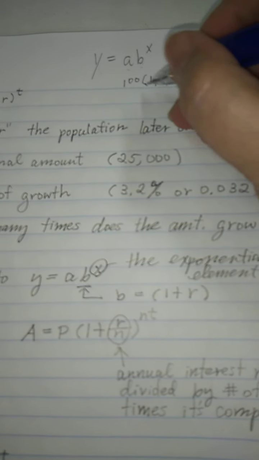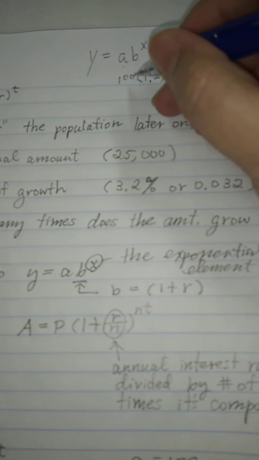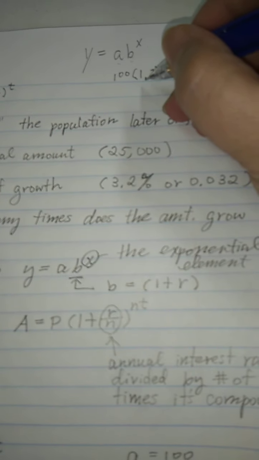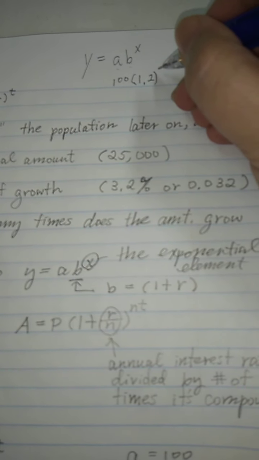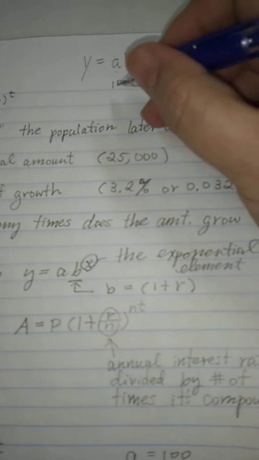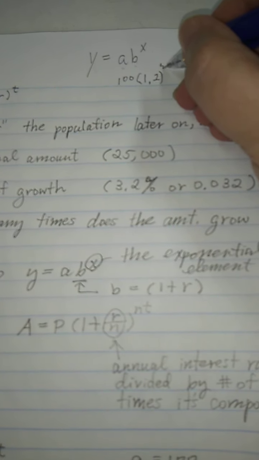So you're going to multiply 100 times 1.2. Every time you grow, you're going to grow by that 20%, but you're also going to count that original amount. And this x is the number of times that you're going to grow. So let's say that you were growing by 20% and you're going to grow that 5 times. Then this is going to be 5.